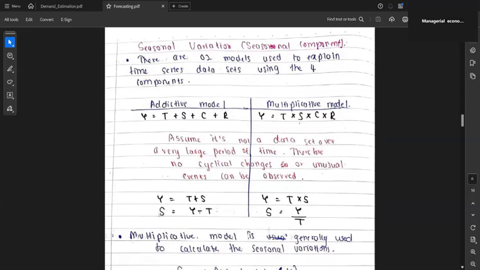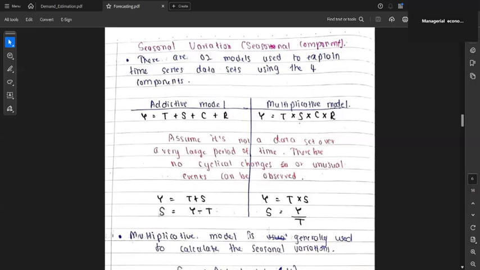The seasonal variation. To get the seasonal component, as I said earlier, there are two models: the additive model and the multiplicative model. In the additive model, the variation of the dependent variable is estimated as the addition of those components. In the multiplicative model, we assume that the variation of the dependent variable is explained through the multiplication of those 4 components. Here, assume it's not a data set over a very large period of time.